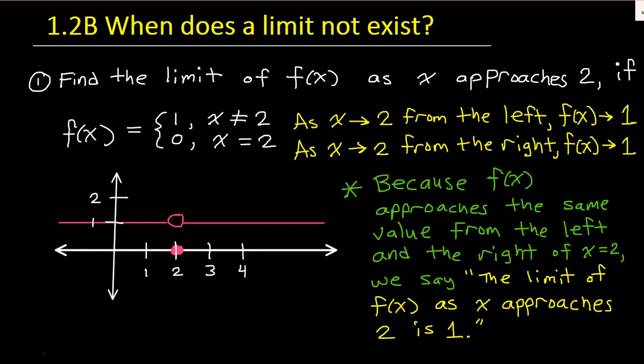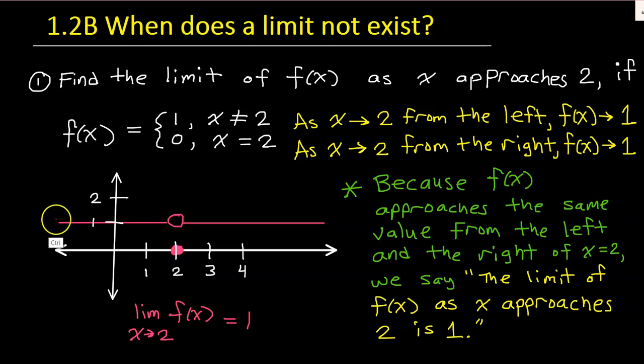And here's the notation that we use for that. We say the limit of f of x as x approaches 2 is equal to 1. All right, now notice it doesn't really matter what's happening at 2.